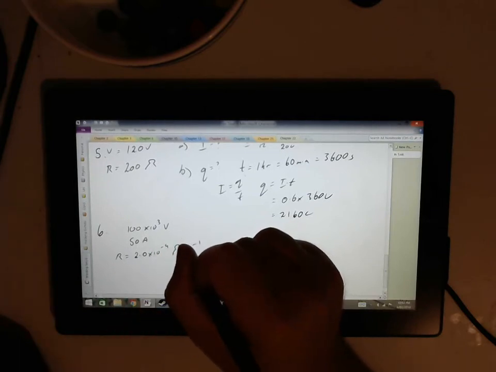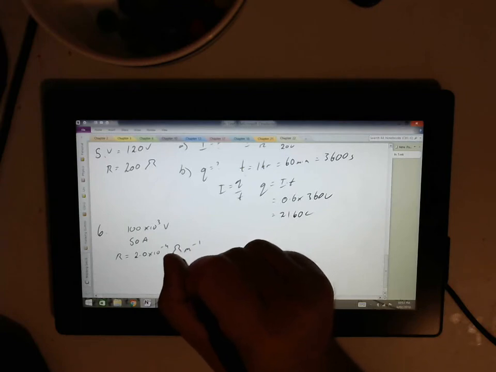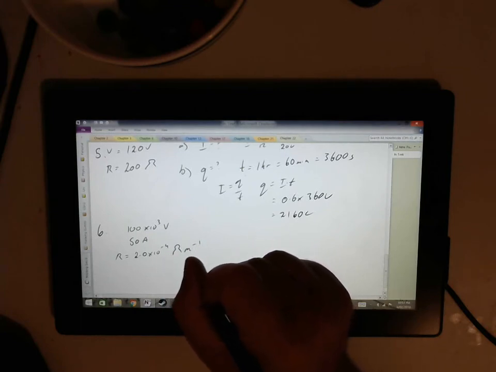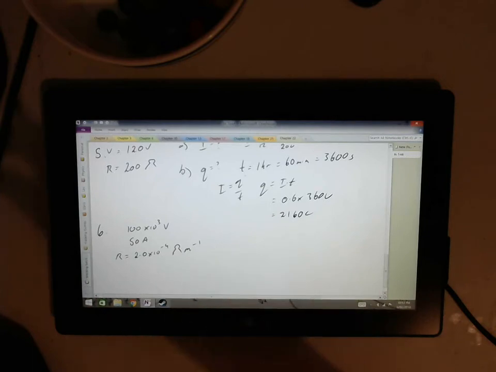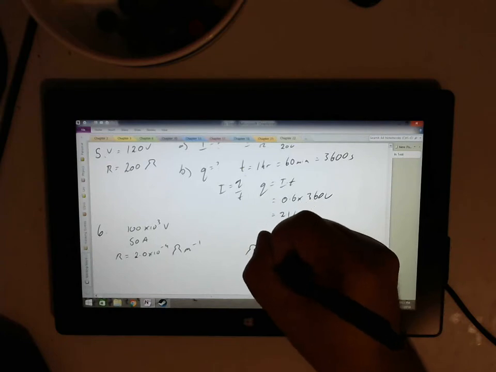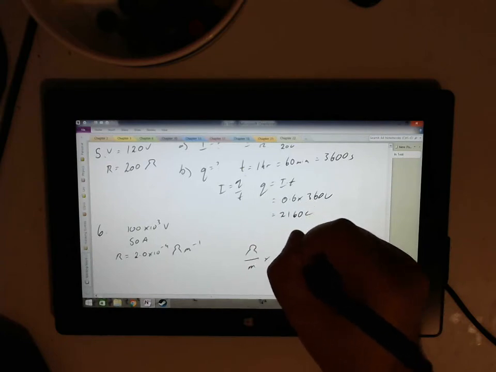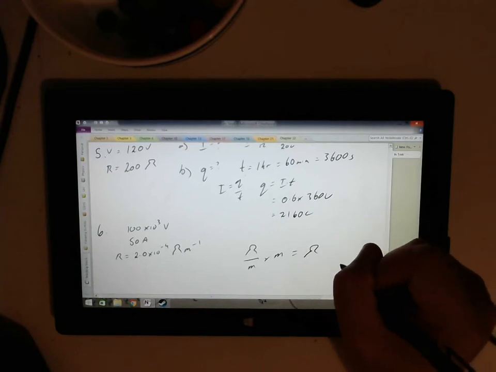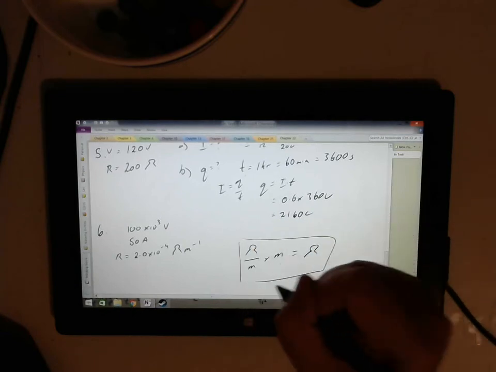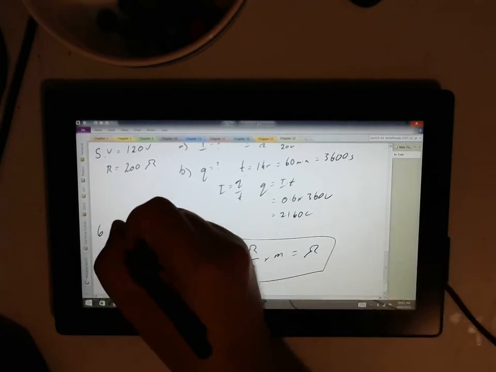If we multiply something with meters times something with ohms per meter, it'll cancel the meters. So if I do ohms per meter multiplied by meter, I get ohms. This is a little bit of basic dimensional analysis, might be worthwhile.